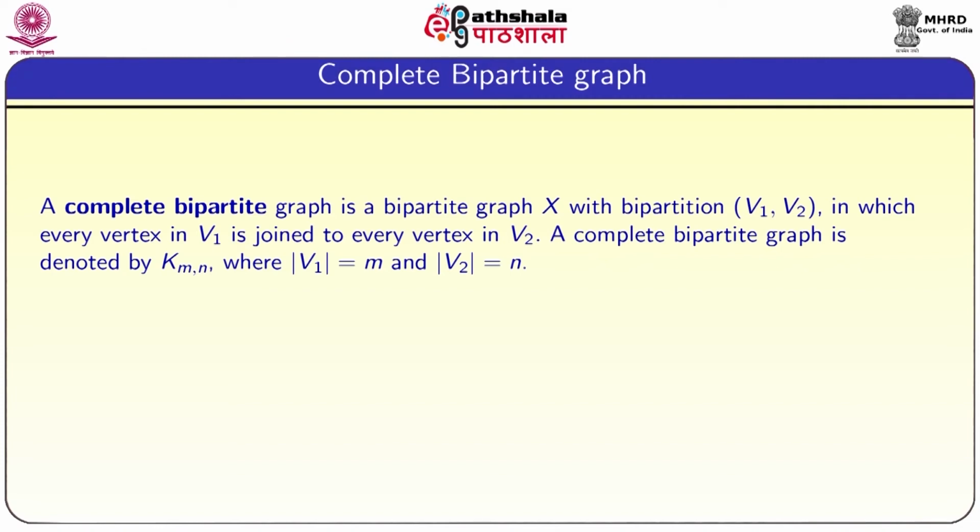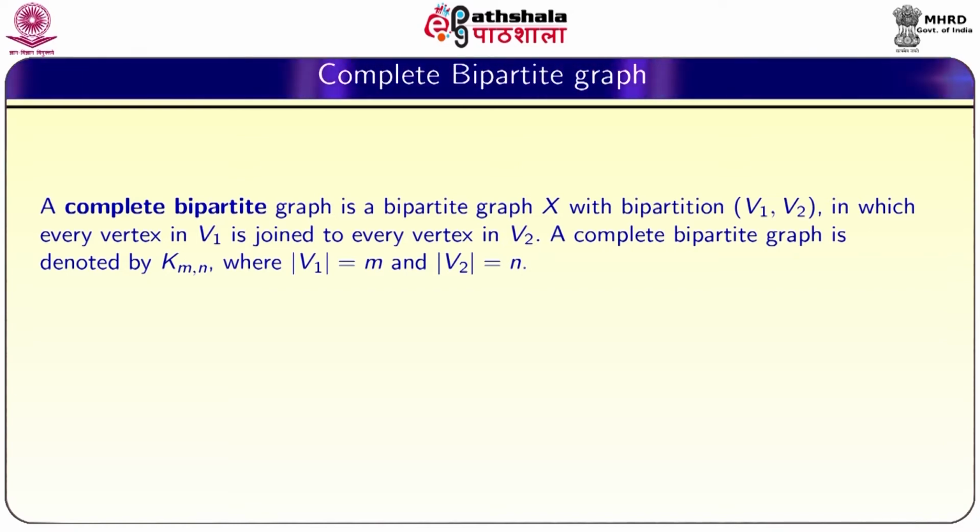A complete bipartite graph is denoted by K(m,n) with mod V1 equal to m and mod V2 equal to n. That means the number of vertices in V1 is m and the number of vertices in V2 is n. So consequently the total number of vertices is m plus n.